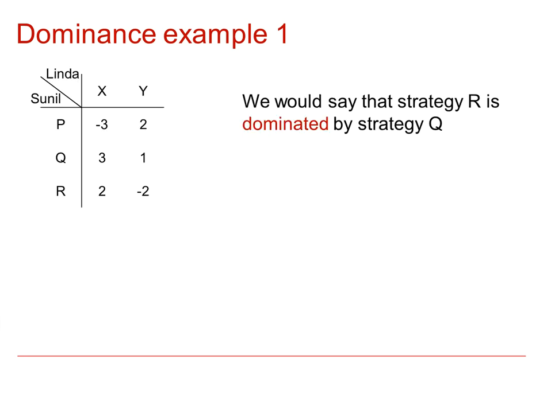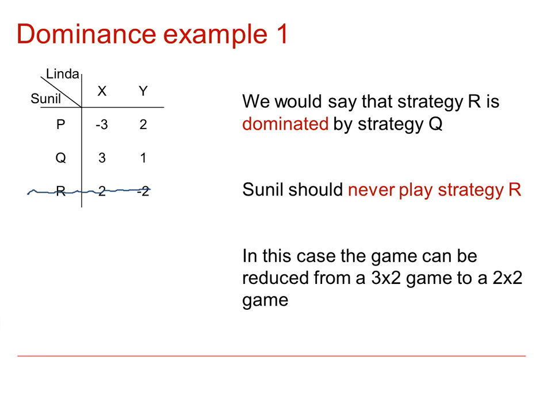So we say that strategy R is dominated by Q and should never be played. So in effect that row is going to disappear, and we end up with the 3x2 game being reduced to a 2x2 game.